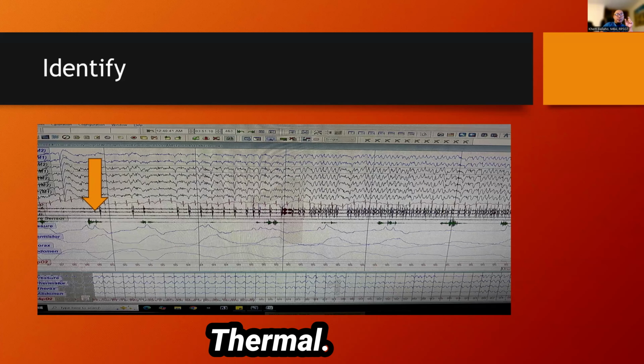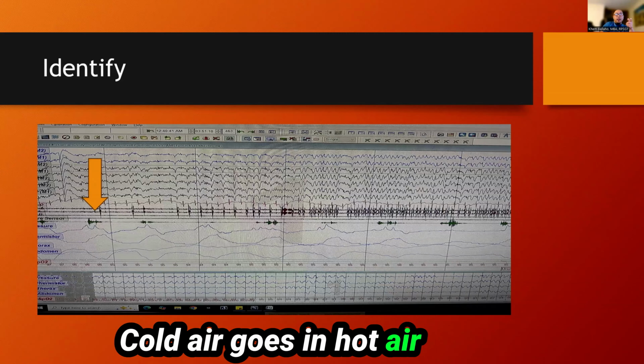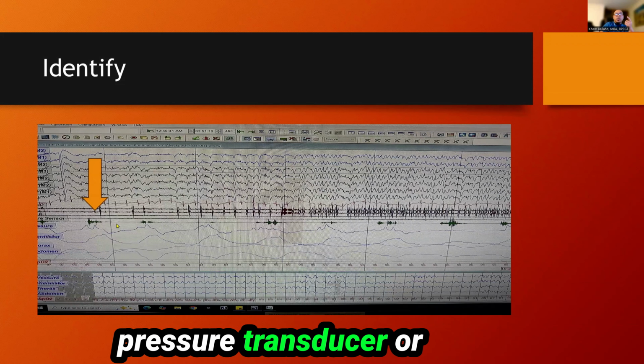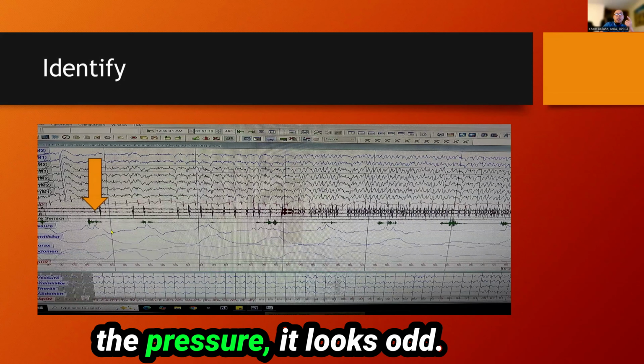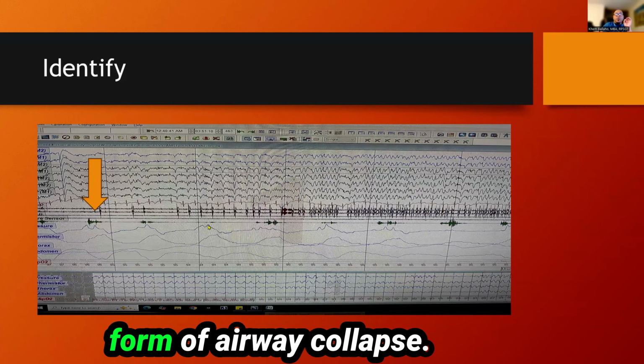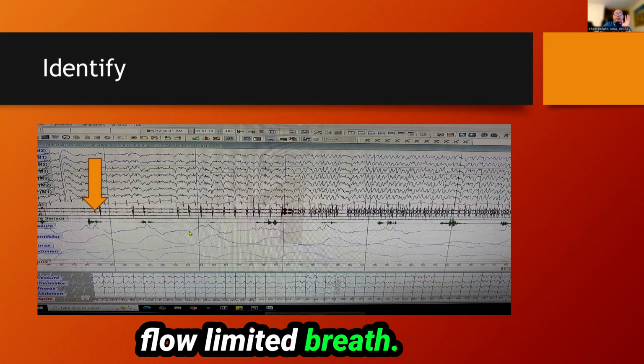That's why it's a therm, because it's based on temperature. Cold air goes in, hot air or warm air goes out. But if you look at the pressure transducer or the pressure, it looks odd. This is because this patient is having some form of airway collapse. Okay, so this is a flow limited breath.